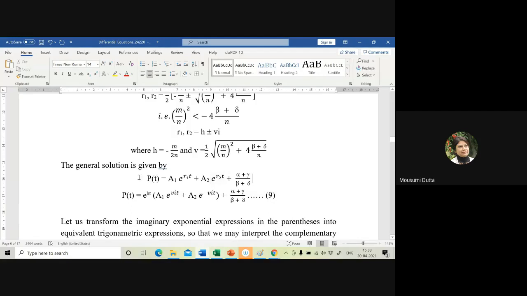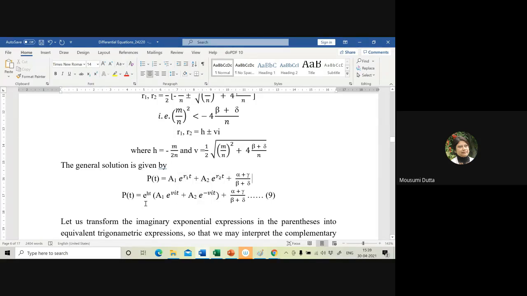If this is the standard structure of the time path as discussed yesterday, and I consider this to be h plus minus vi, then actually there are two values, h plus vi and h minus vi. For R1, I consider h plus vi, and for R2, I consider h minus vi. e to the power ht is common in both the exponentials.